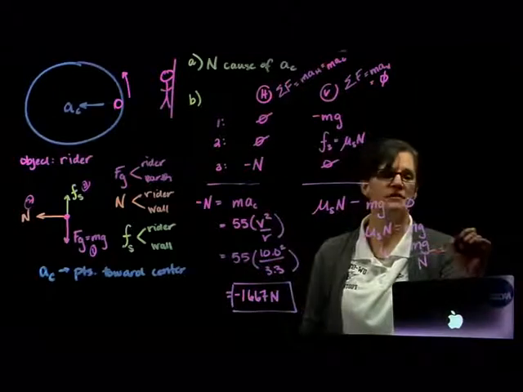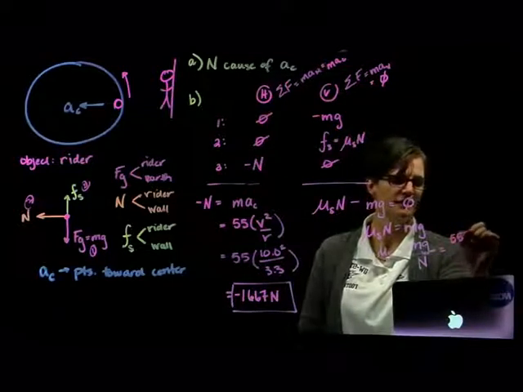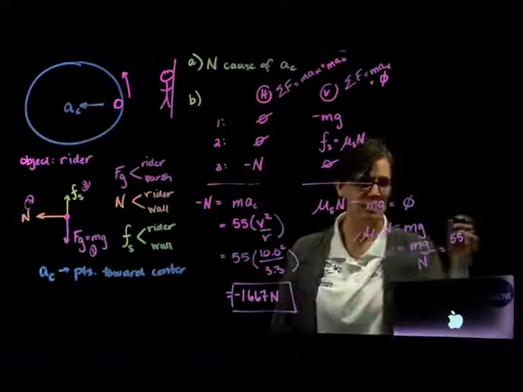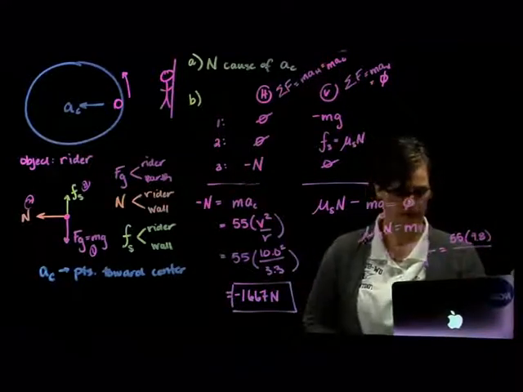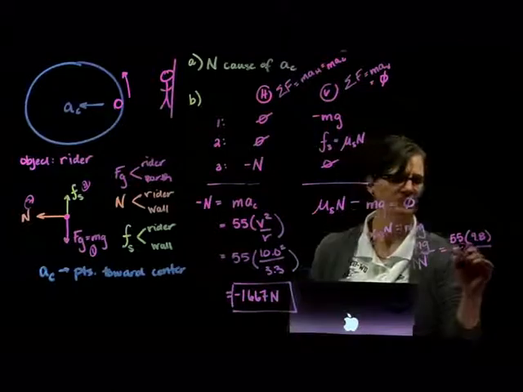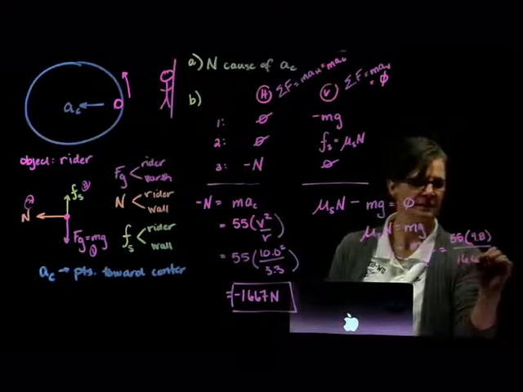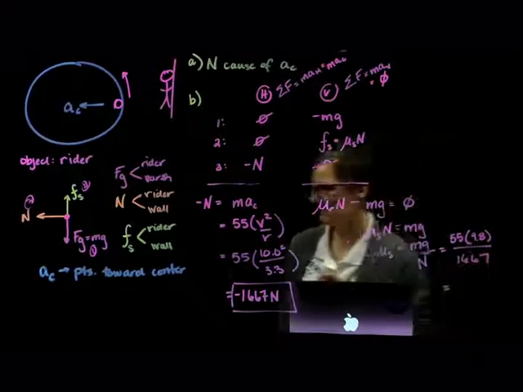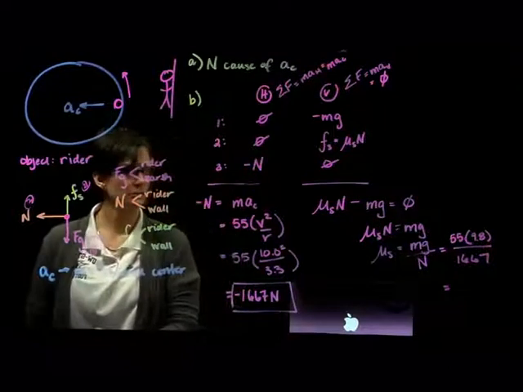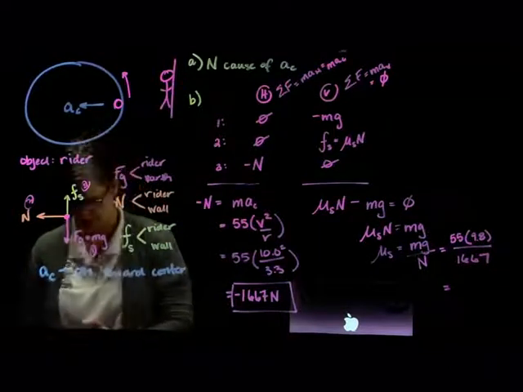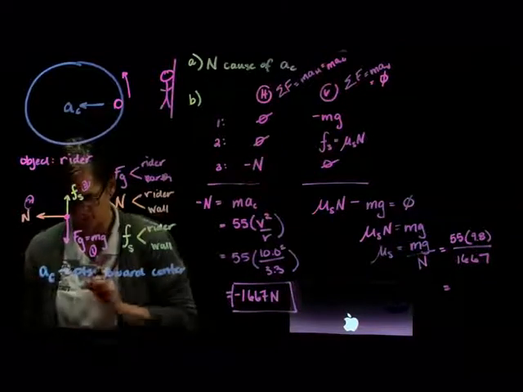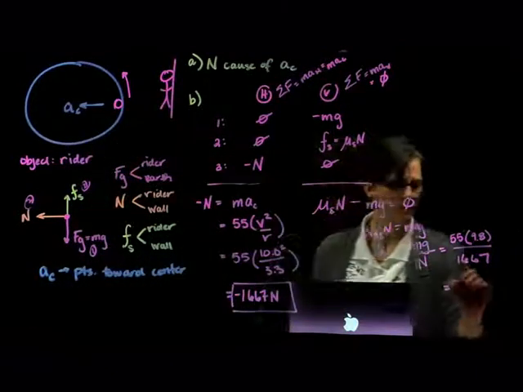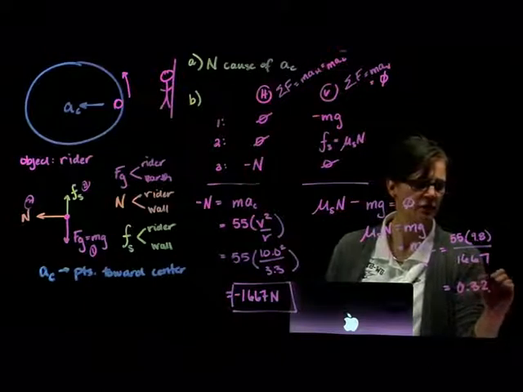So we have the mass of 55 times g, which is 9.8, over 1,667. So our mu, our coefficient of friction, 55 times 9.8, divided by 1667, is equal to 0.32.